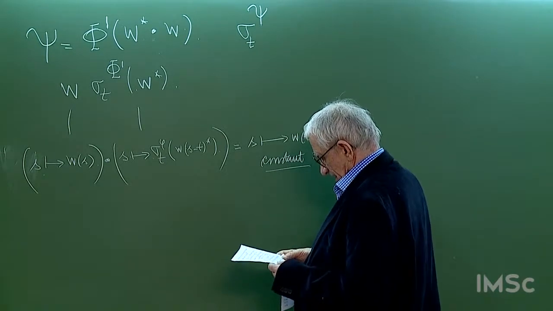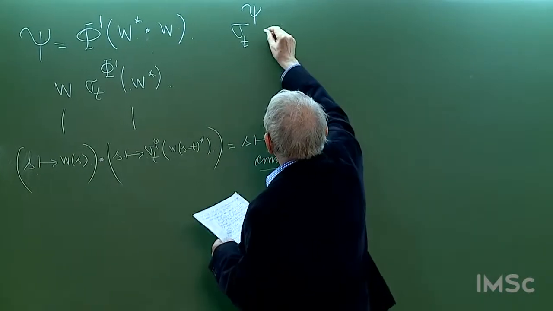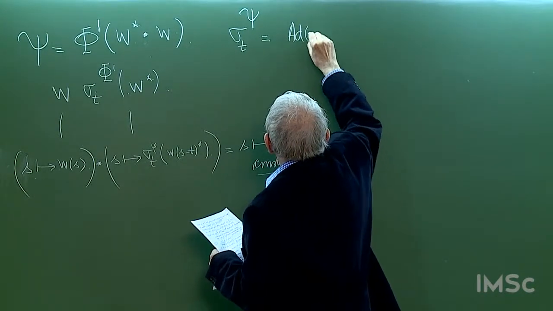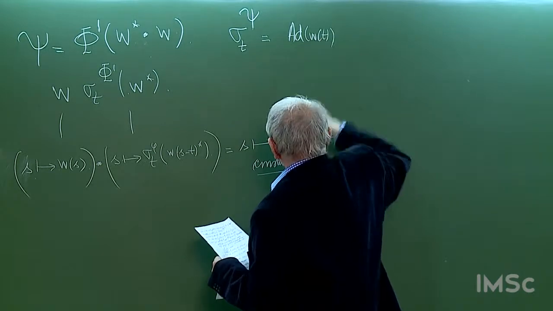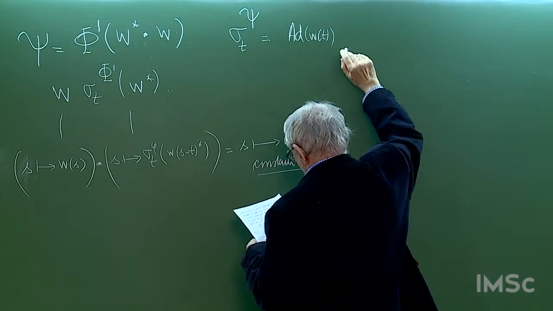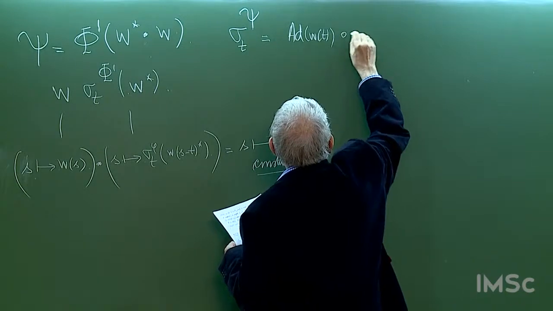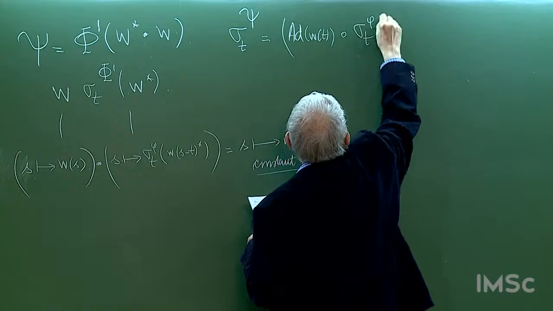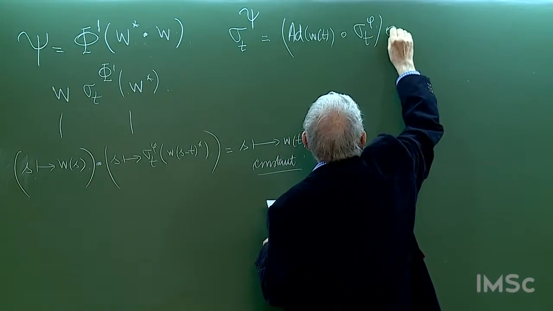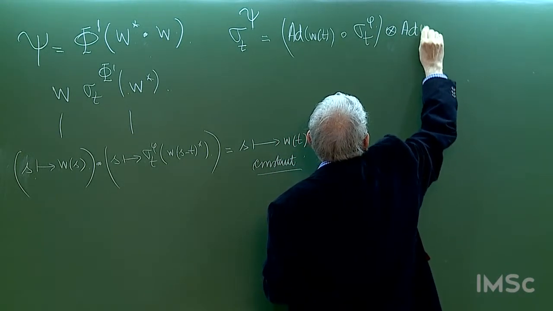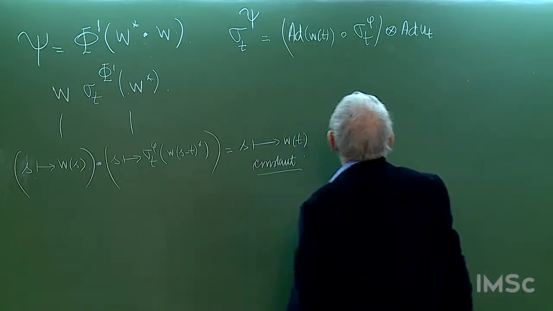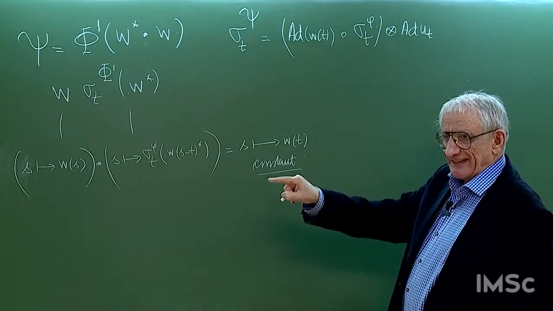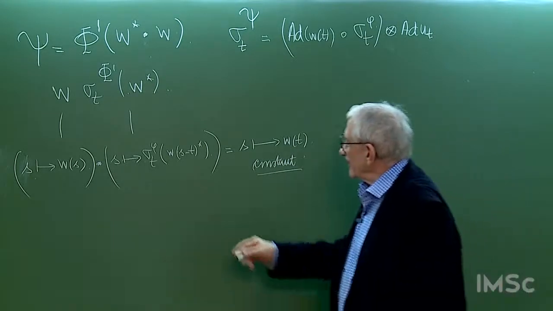So that we get that sigma T psi is equal to add of Vt, this Vt in here, composition with sigma T phi, and tensor add ut. So the translations were put into the game in order to get this thing here.